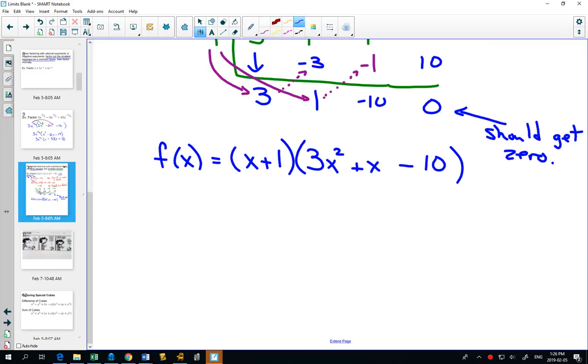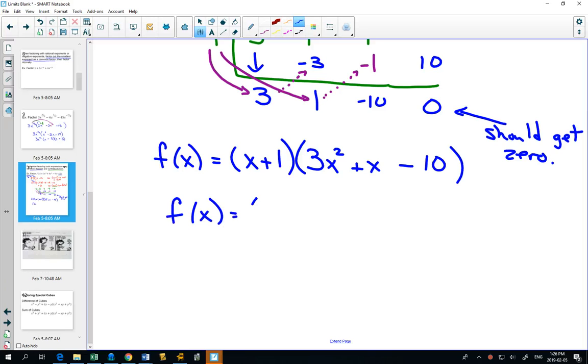So the numbers that you get at the bottom of synthetic division are what you would get if you factored that x plus 1 out. And if you multiplied this out and checked it, you would get exactly what we started with.